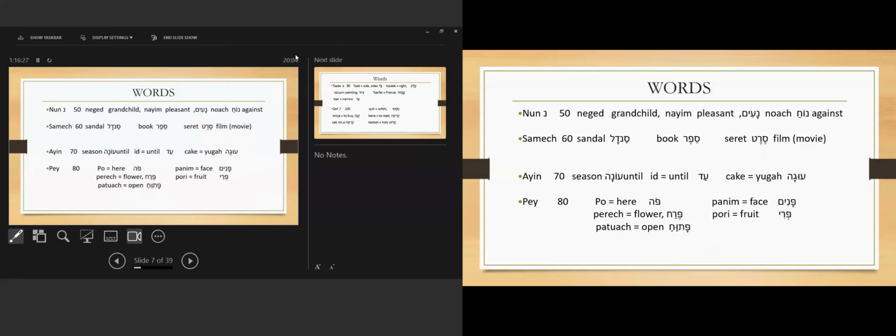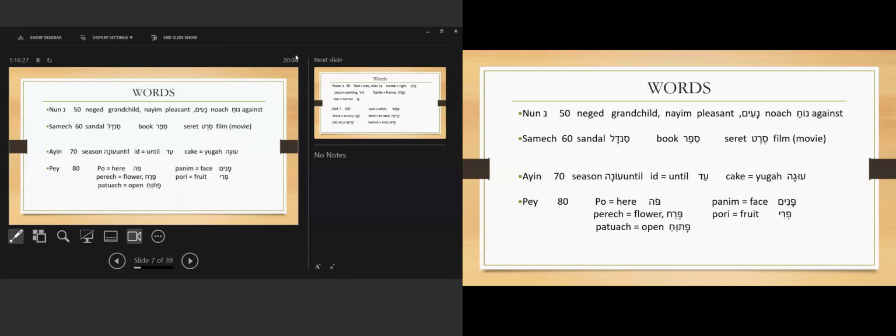Seret. Seret is a film, a movie, the stuff that you look at on TV. A movie or a film is a seret. And you write it, samech, that's 3 dots, r, 3 dots, te, tet, samech, resh, tet.